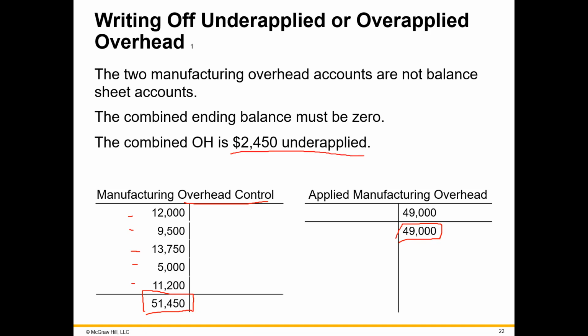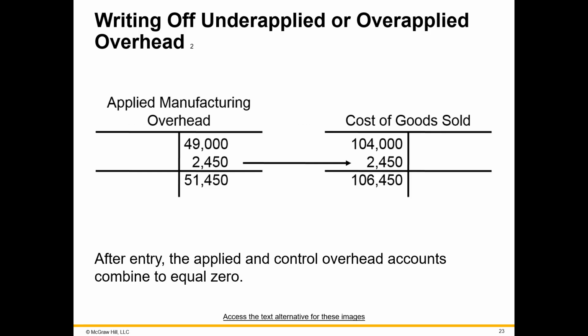So how do we fix that? Well, one way to fix it is to increase the cost of goods sold account. Again, cost of goods sold is an expense. So since we underapplied the expense by $2,450, we're applying it now. So now, instead of $104,000 of cost of goods sold, it's $106,450.